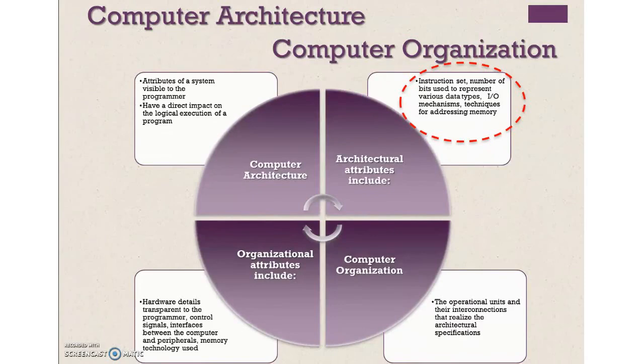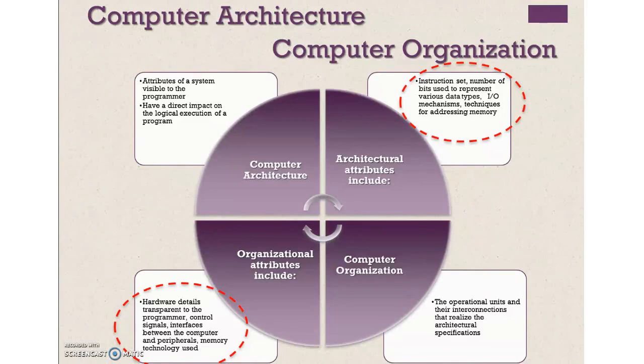Examples of architectural attributes include the instruction set, the number of bits used to represent various data types, I/O mechanisms, and techniques for addressing modes. While organizational attributes include those hardware details transparent to the programmer, such as control signals, interfaces between the computer and peripherals, and finally the memory technology used.